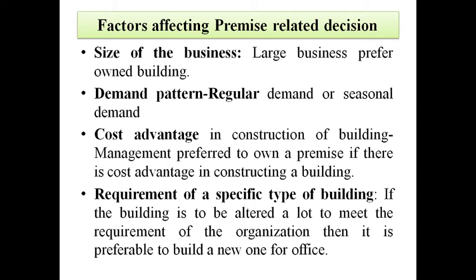If there is regular demand for the things that are supplied by the business organization, then in that case they need to have their own building or own premise. And if there is seasonal demand for their products, then they can take the building on rent or in some other way, but they're not going to own the building because it will cost them a lot.